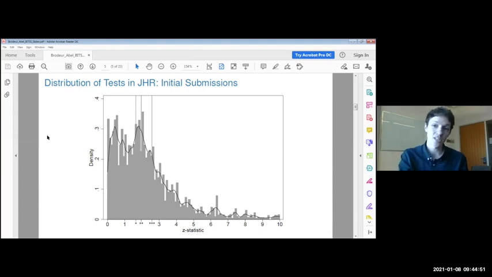But this slide is key. It shows you that there's probably a lot happening prior to submission to JHR, maybe prior to submission to any journal at all. But what we know is the distribution of test statistics before. When you submit to JHR, the initial submission looks a lot like published studies, which tells you a lot about publication bias right away. But let's get to more details now.